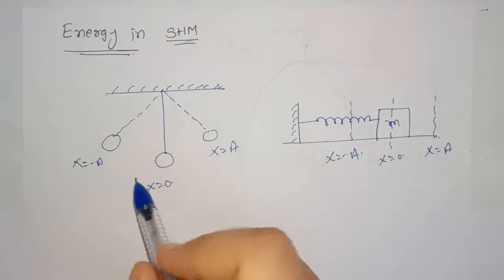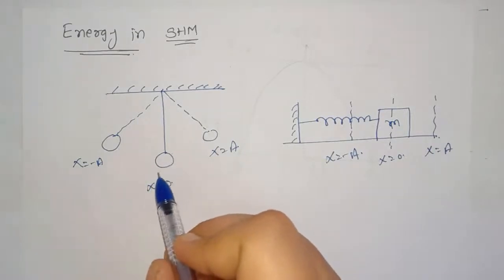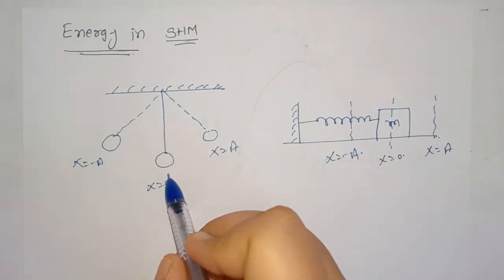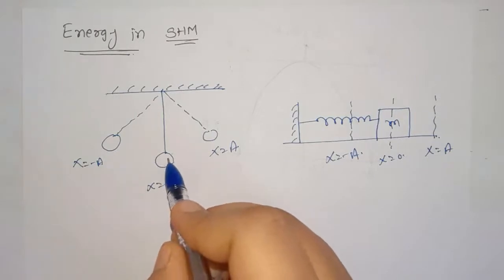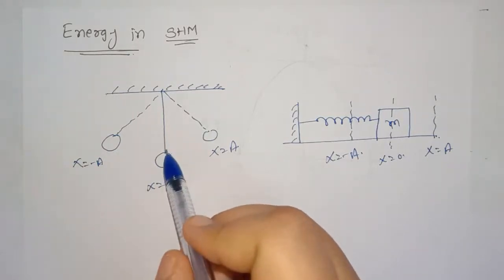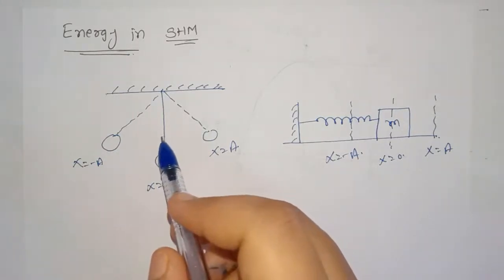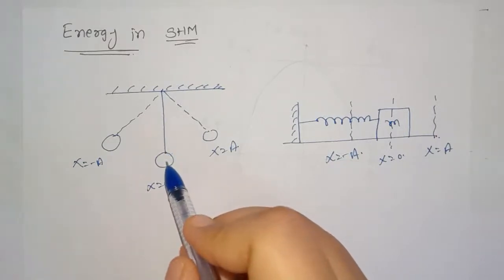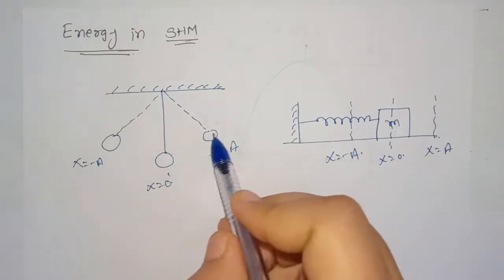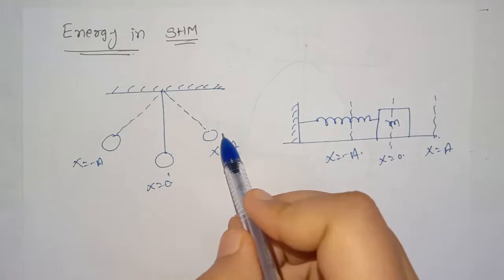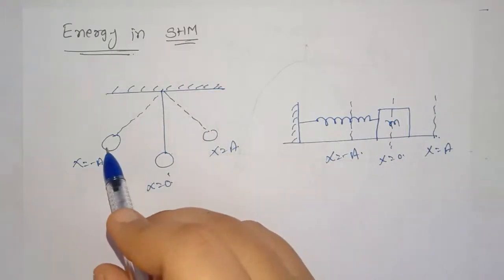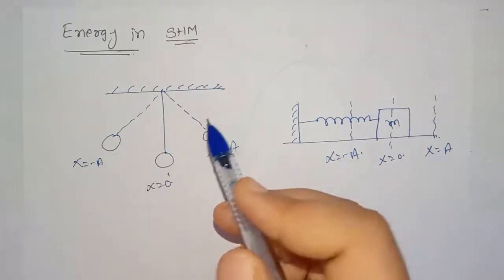Now, as we know, the pendulum will start from position x is equals to 0 and gradually it will be displaced from its mean position towards x is equals to a and towards x is equals to minus a.